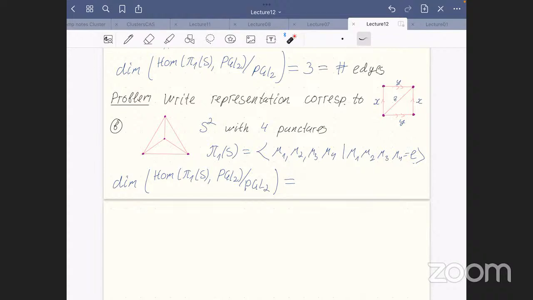So homomorphism. Yes. Is this 6? Yes, this is 6. And how did you get this 6?